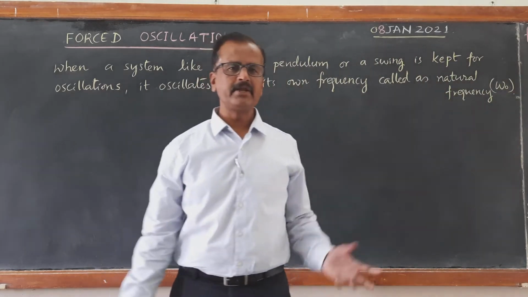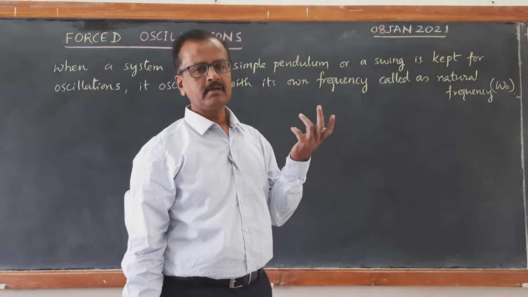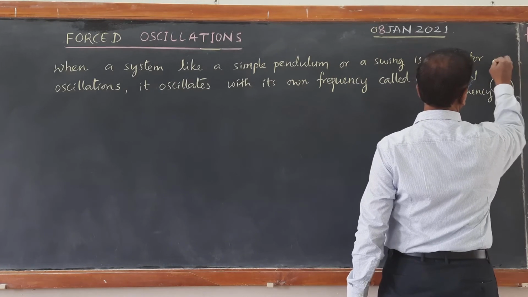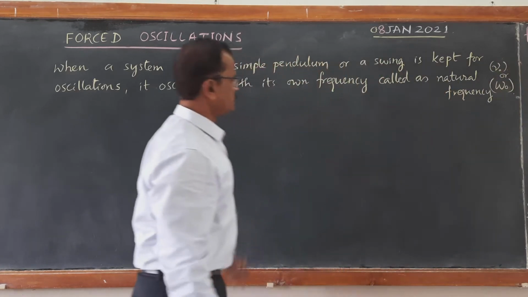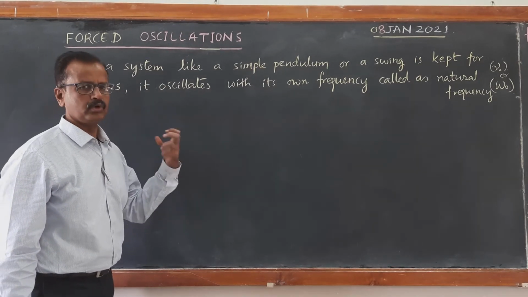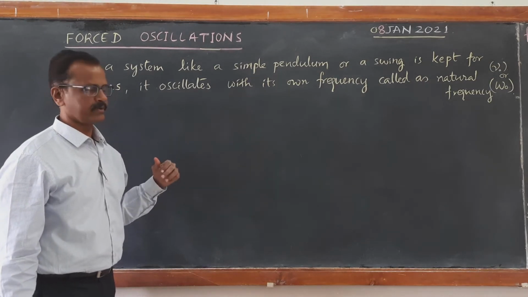Either we call it nu naught or omega naught. Omega naught for angular frequency, nu naught for linear frequency. So any oscillating body, when it is kept for oscillations, has its own number of oscillations per second. It is called the natural frequency.